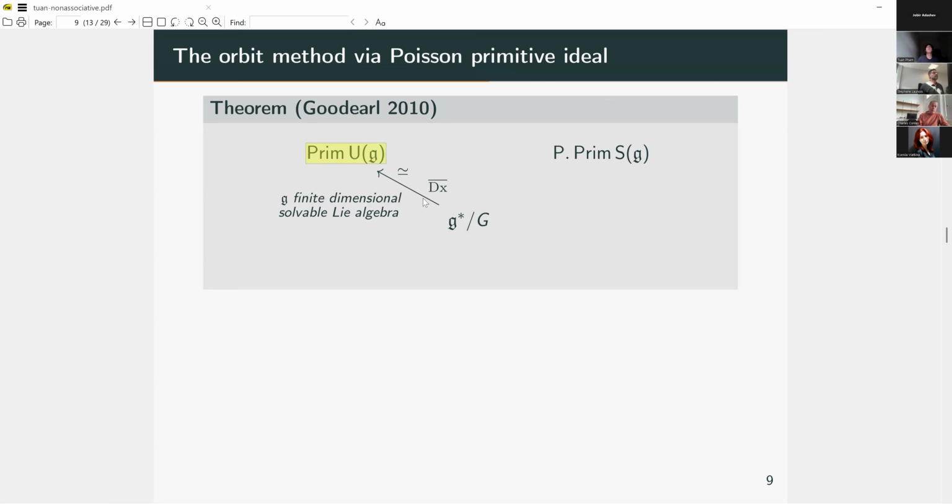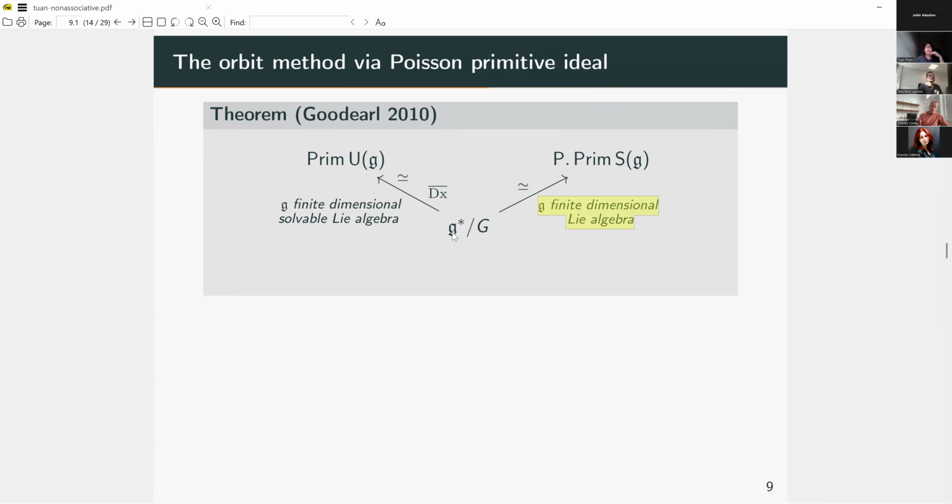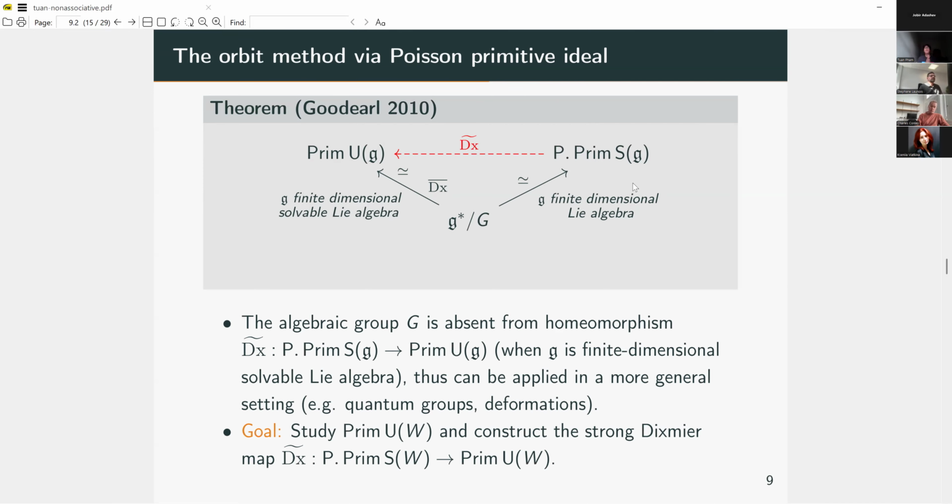This is a theorem from the work of Gordon in 2010, which is also based on the work of Ken Brown and Ian Gordon in 2006: when G is a finite dimensional Lie algebra over C, then the space of coadjoint orbits, G star quotiented out by G, is homeomorphic to the Poisson primitive spectrum of S(G).